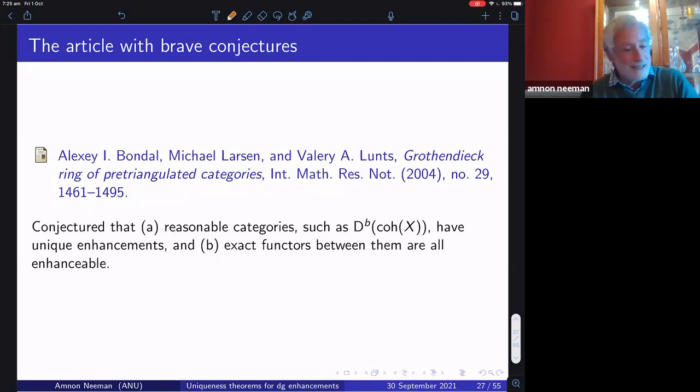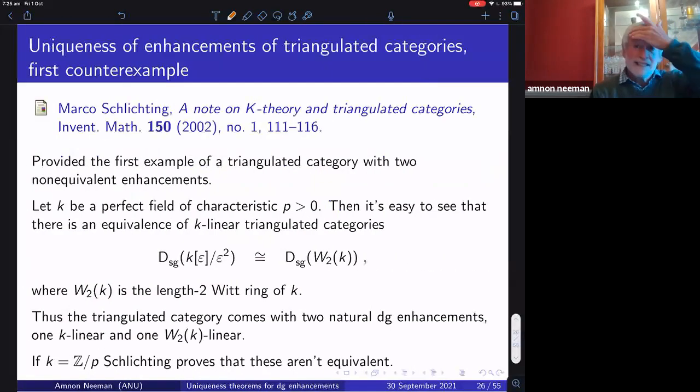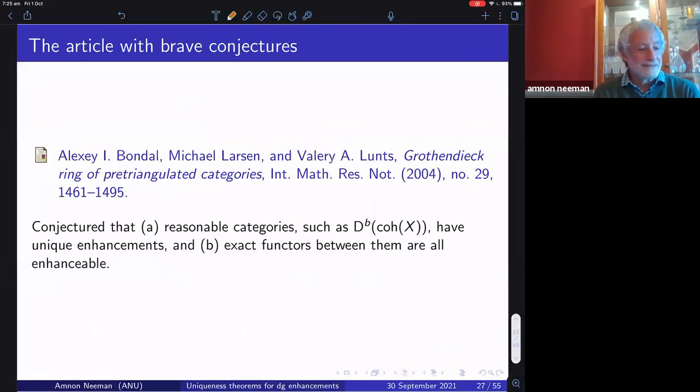I mean, look at the previous slide. Surely the singularity category is not a complicated category. And even for a very small singularity category, it has two different enhancements. So why would you expect conjecture A to be true? I mean, this is 2004, so my guess is that Bondal, Larsen, and Lunts were not aware of Schlichting's paper.